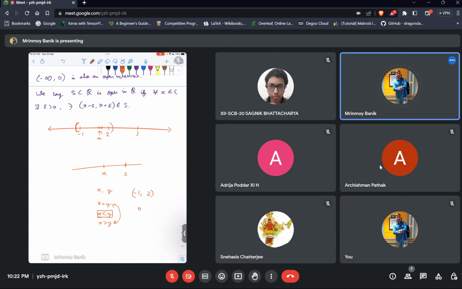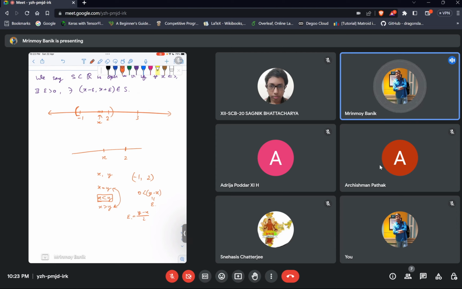When x is less than y, then y minus x is a positive real number. So we can take that to be epsilon, or something a bit smaller than that, maybe y minus x by 2. And then we have x plus epsilon and x minus epsilon totally inside S, right? Here in this case, open -1, 2, and it's for all x. So we can always have such an epsilon.